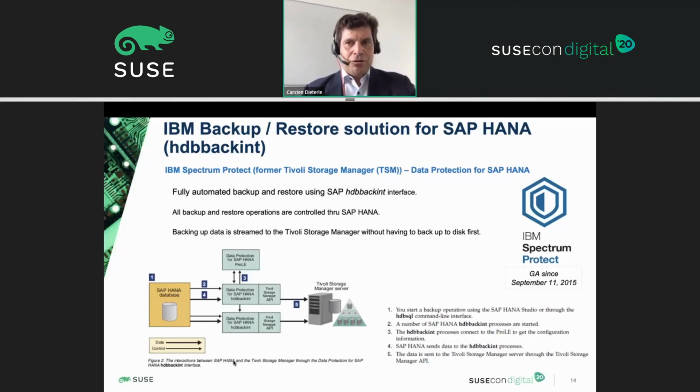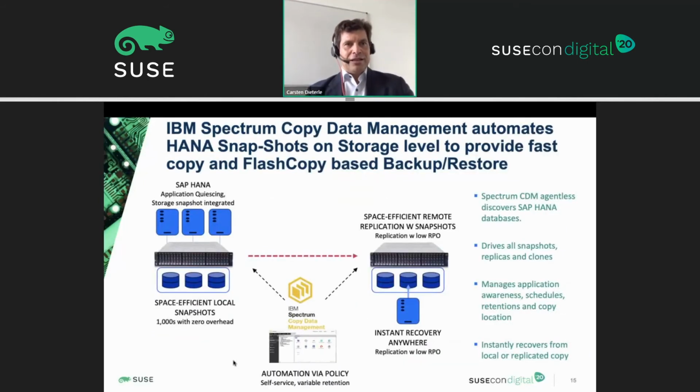But what we see now, when we talk about high performance infrastructure solutions for SAP HANA, is that clients are doing snapshots of the HANA databases with software solutions.